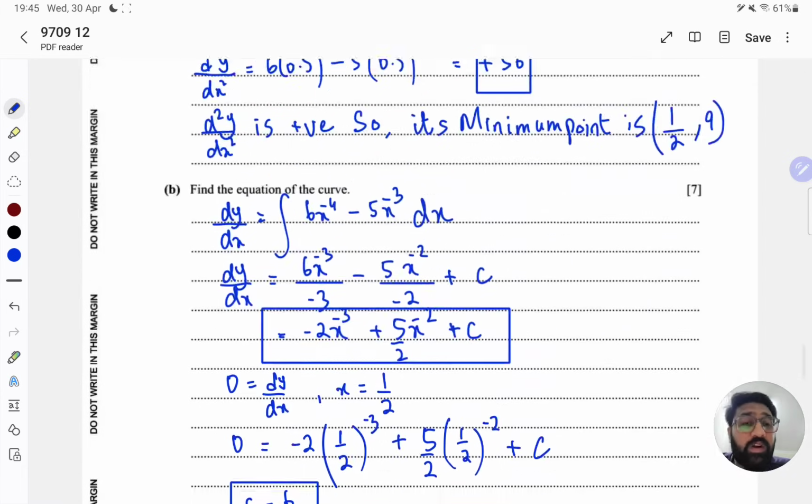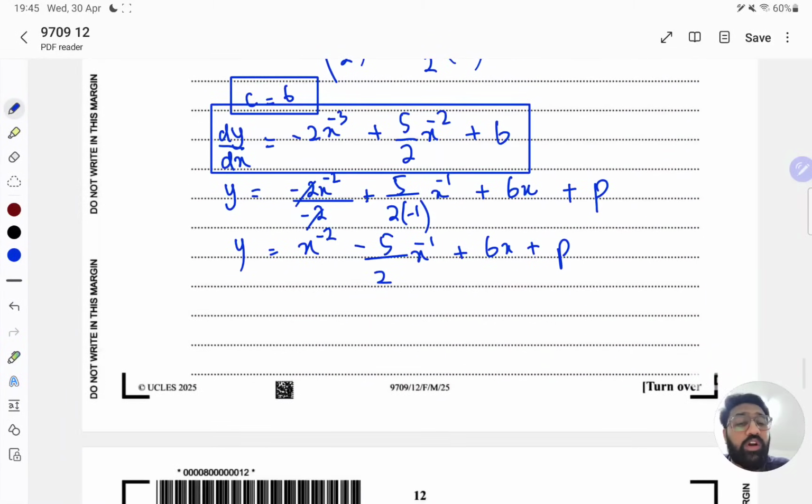Now we know the coordinates of the stationary point, 1/2, 9, and we can use them to find the value of p.